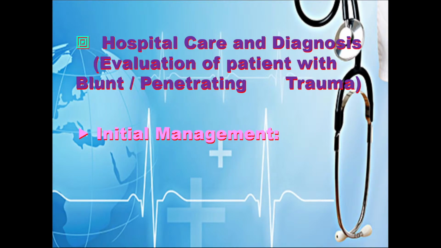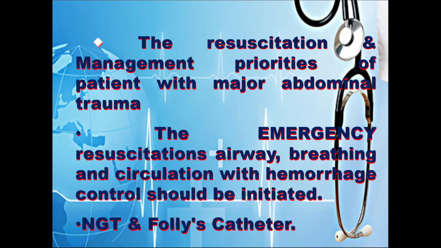Hospital care and diagnosis, and initial management. First, we need to evaluate the patient with blunt or penetrating trauma. The resuscitation and management priorities of a patient with major abdominal trauma: the emergency resuscitation, airway, breathing, and circulation with hemorrhage control should be initiated.